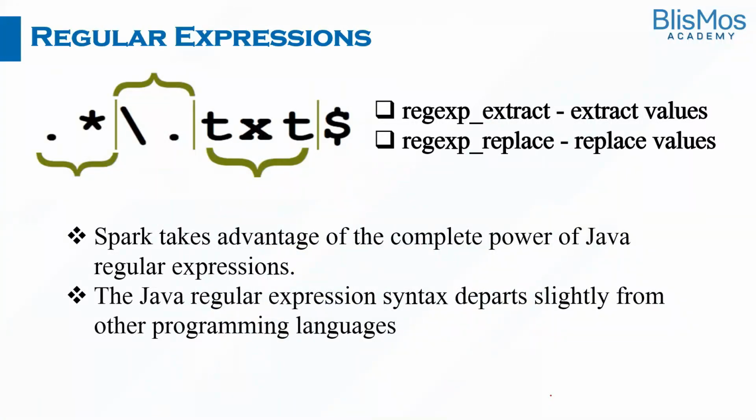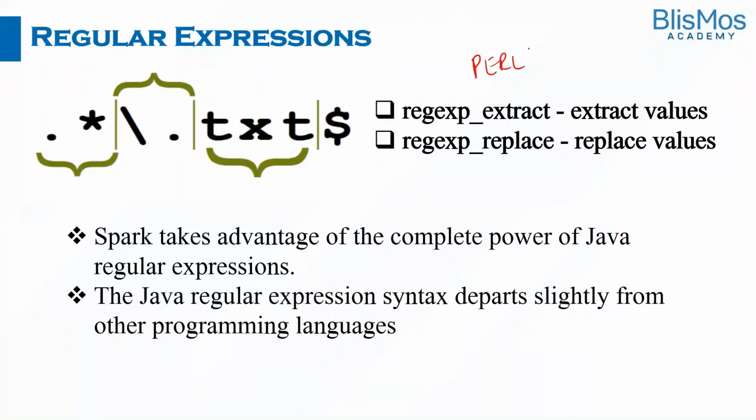Next important thing is regular expressions. When we talk about the regular expression, we can go back to the Perl days. Perl programming was one of the very important scripting languages to take care of the regular expressions. And many of the programming languages do provide an option to take care of the regular expressions.